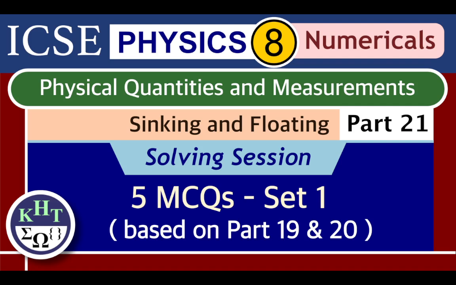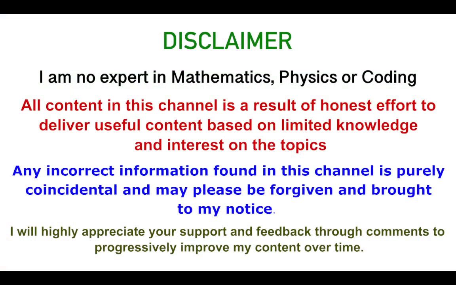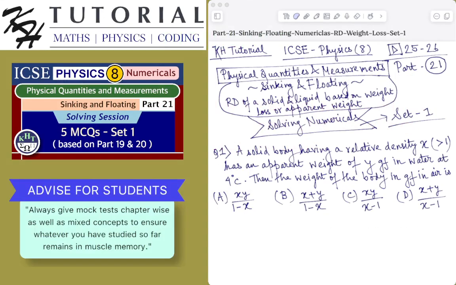So let's start part 21 video, where I will solve 5 multiple choice questions based on video 19 and 20. Okay, so the first question says that a solid body having a relative density x which is greater than 1 has an apparent weight of y gram force in water at 4 degree centigrade.